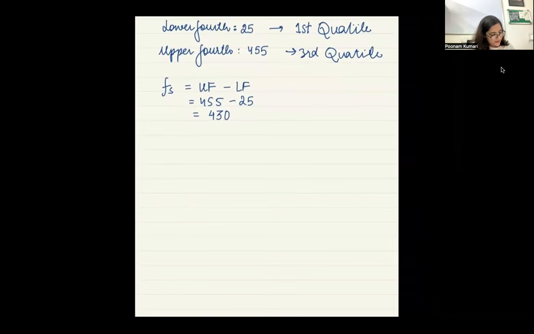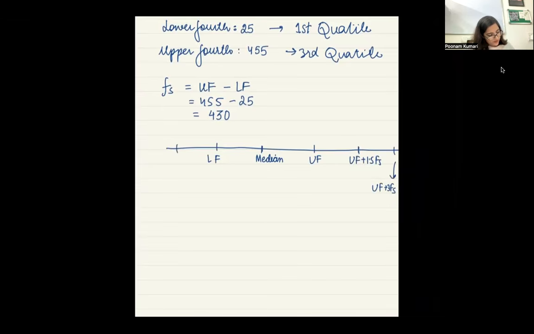I have to find multiple points. This is my median. This is upper fourth. This is lower fourth. I have to find what is this point, upper fourth plus 1.5 fs. And I also have to find what is this point, upper fourth plus 3 fs.